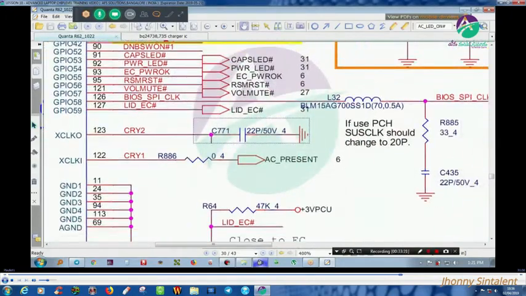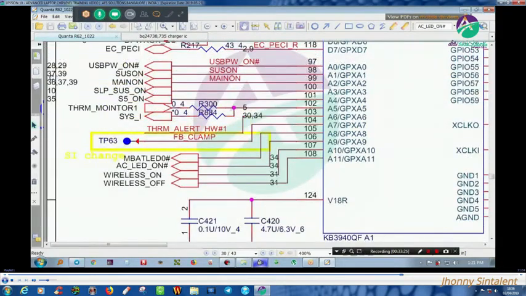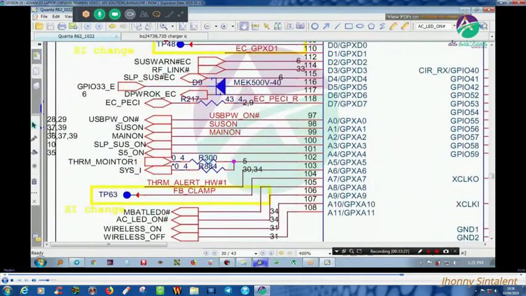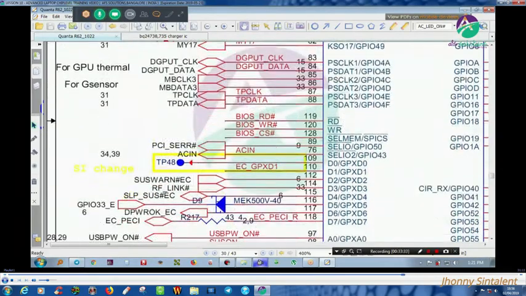Okay. See, AC present, one confirmation that we can see later. Let me check for AC in, which is coming from page number 34. Yeah, you can see from page number 34, I am getting AC in confirmation to my IO controller. Okay.